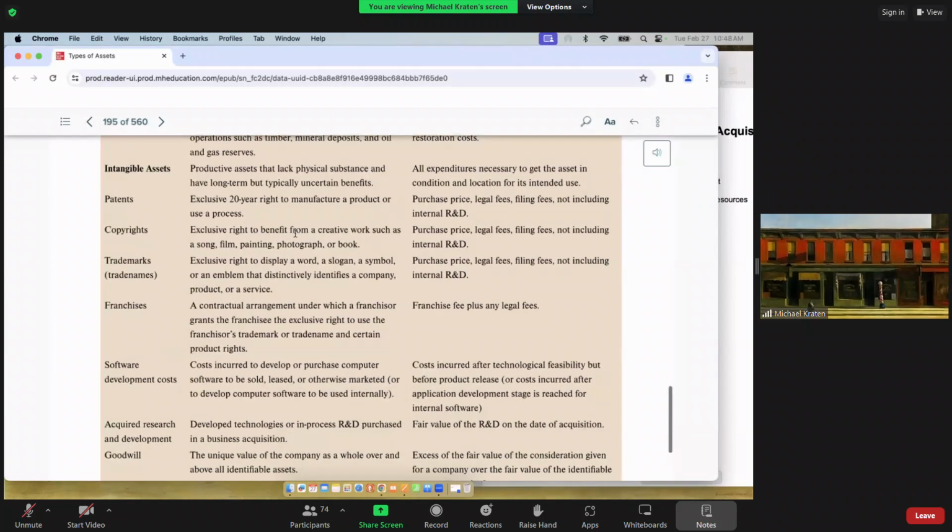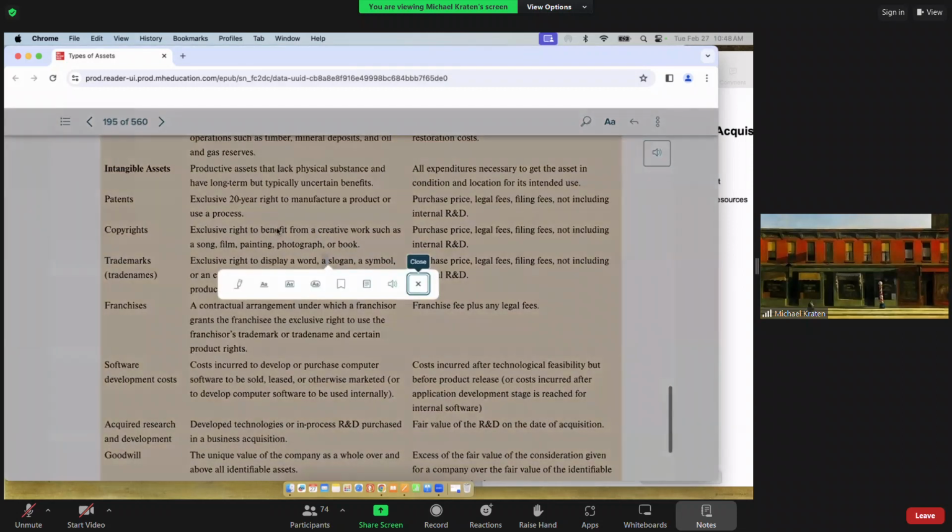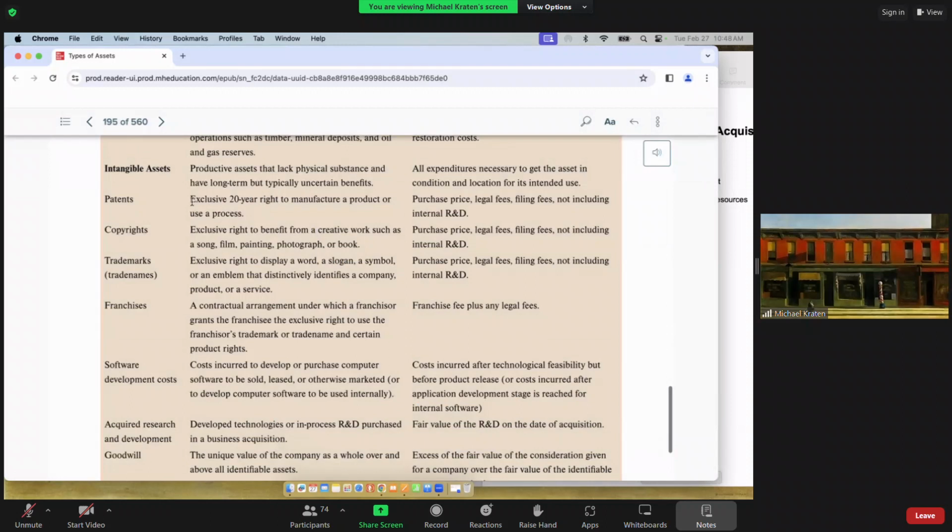Intellectual property or intangible assets. Well, if I produce a creative work, a song, a film, a book, etc., then my intellectual property rights are called copyrights. If I have a slogan or a logo, then my intellectual property rights are called trademarks.